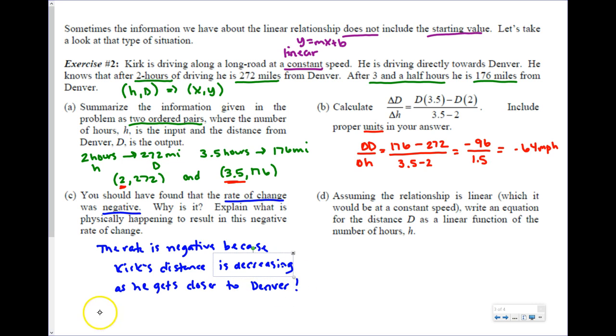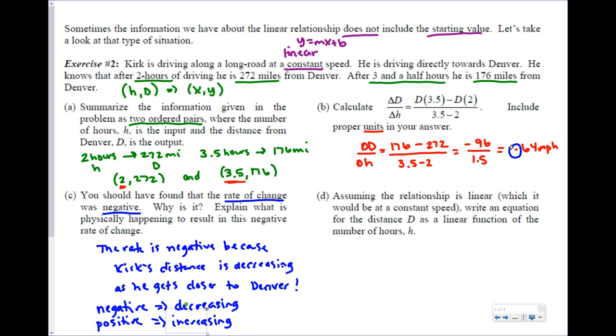We know that in a linear function, or in most functions, a negative slope means decreasing, and a positive slope means increasing. If he were getting farther away from Denver, his distance would be increasing, but he's getting closer to Denver, so his distance is decreasing. So that is why we have that negative symbol right there.